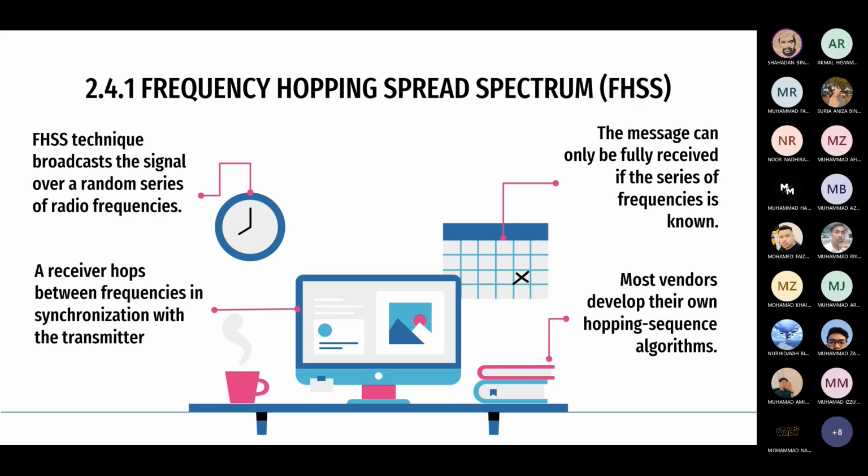The message can only be fully received if the series of frequencies is known. This is because the intended receiver knows the transmitter's hopping sequence, so only that particular receiver can successfully receive all the data. Most vendors develop their own hopping sequence algorithms to guarantee that two transmitters will not hop to the same frequency at the same time.